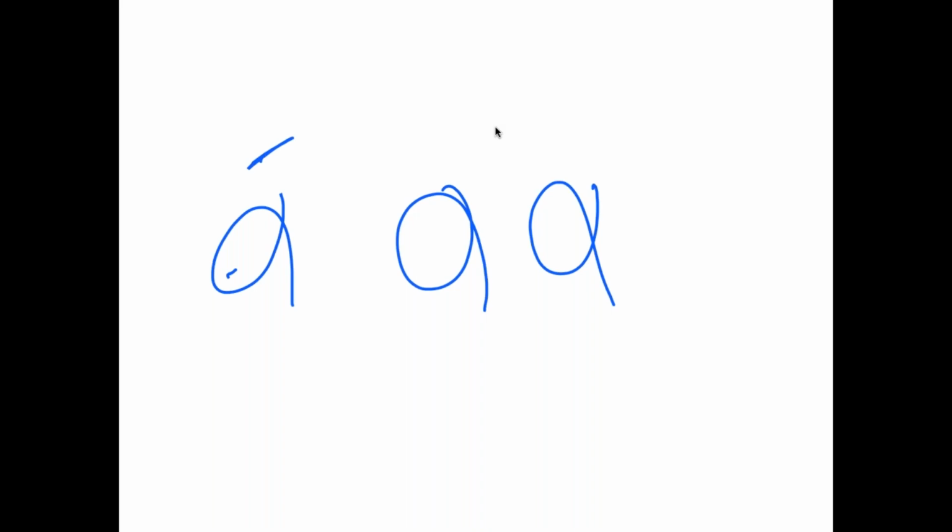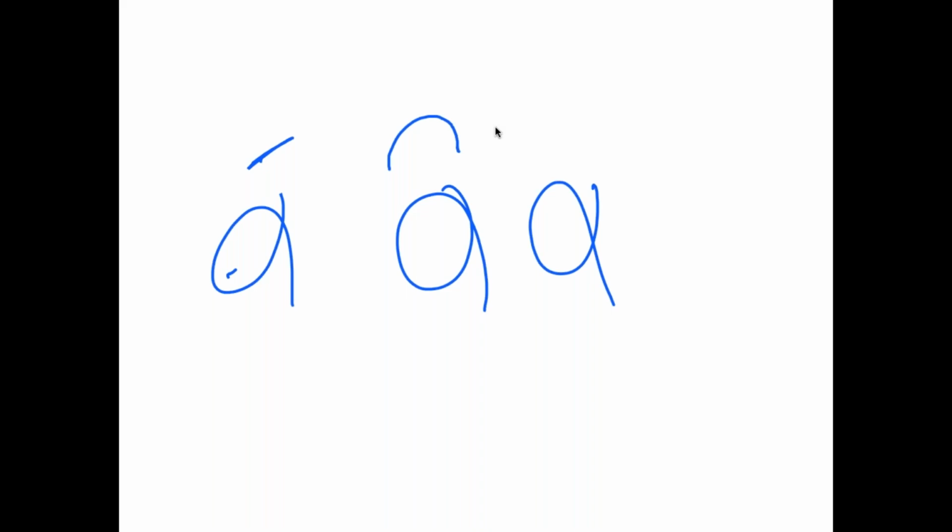This is called an acute. It can be on any one of the last 3 syllables. This is called a circumflex. It can be on any one of the last 2 syllables and is always over a long vowel sound. Not necessarily a long vowel, but a long vowel sound.